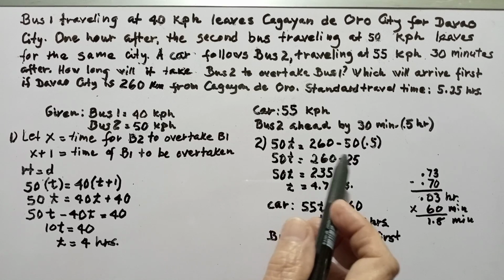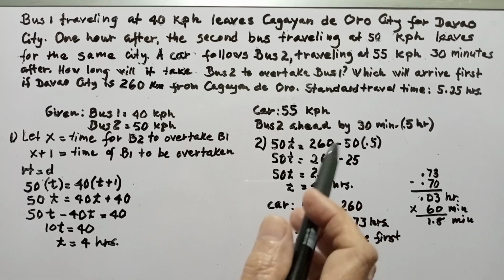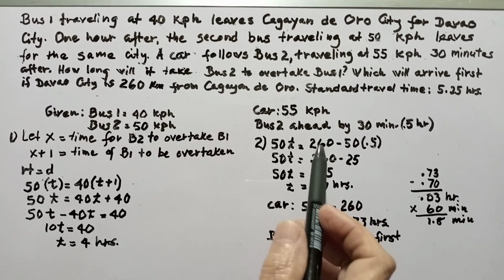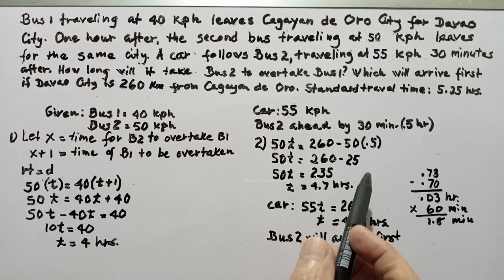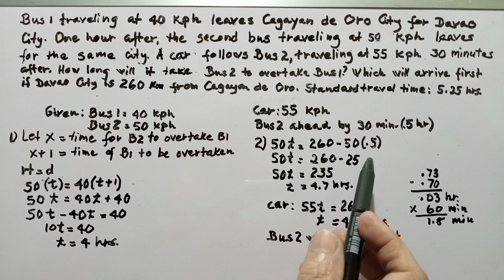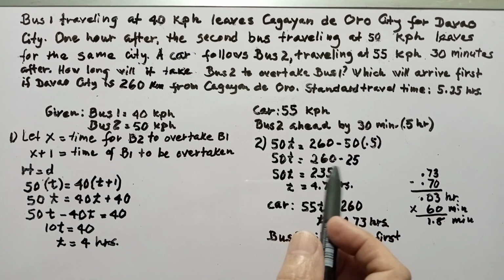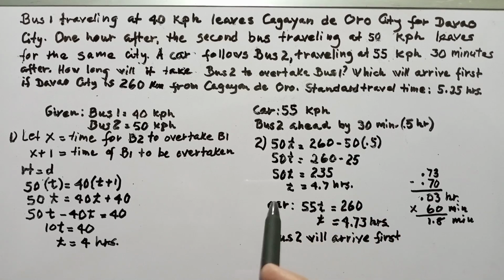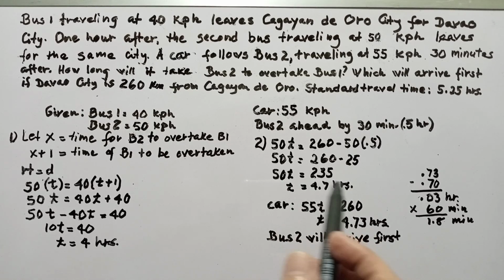Now, why do we have to subtract 50 times 0.5, which is 25? It is because the bus is ahead of the car by about 30 minutes or 0.5 hour. So we have to get the net distance that the bus will travel up to Davao City. So we have now 50t equal to 235.